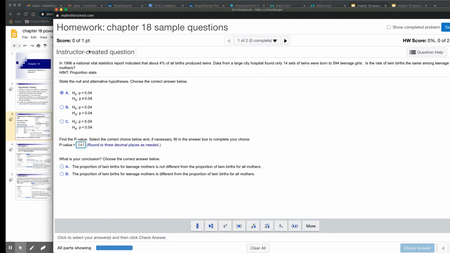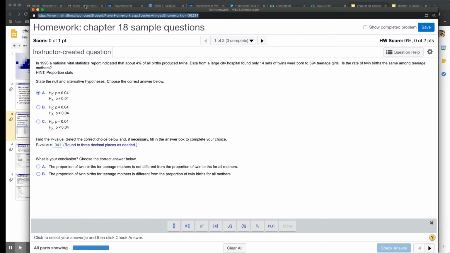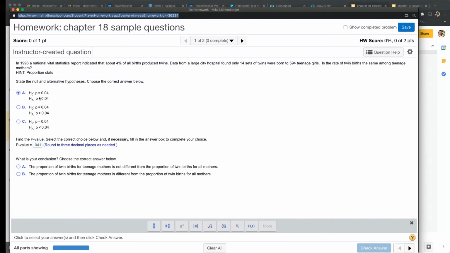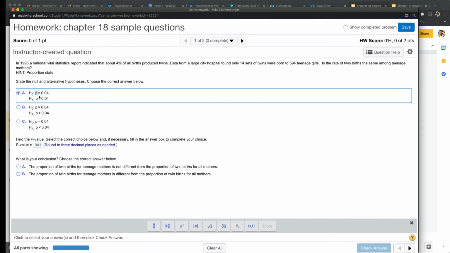Remember our null was that it was equal to 0.04. That is false, and therefore the alternative is true, meaning that it is not equal to, it is not the same.